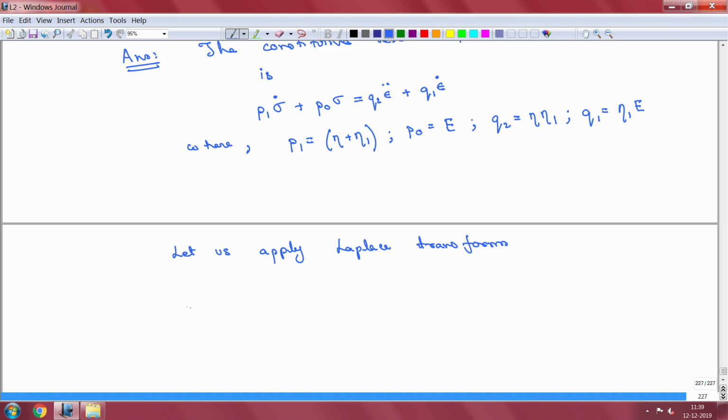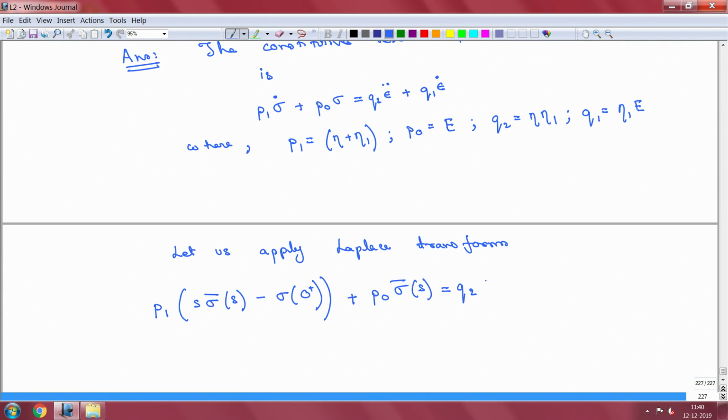So, we have P1, here we will have s sigma bar of s minus sigma 0, plus P naught. Here there is no derivative, so this will just simply give us sigma bar of s. As I said before, this bar implies a transform, and s is the variable for the Laplace transform.